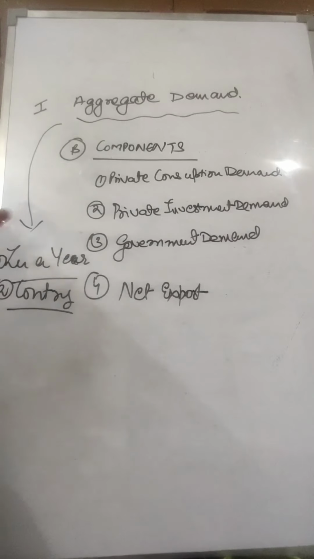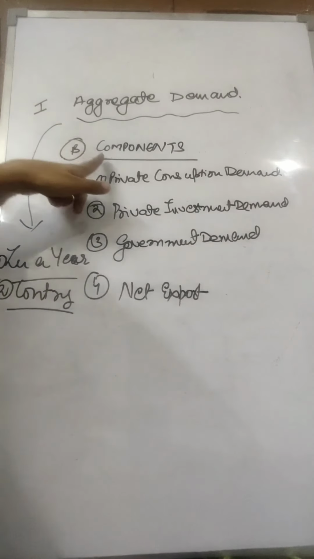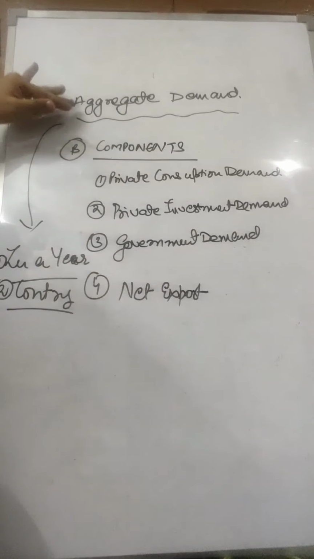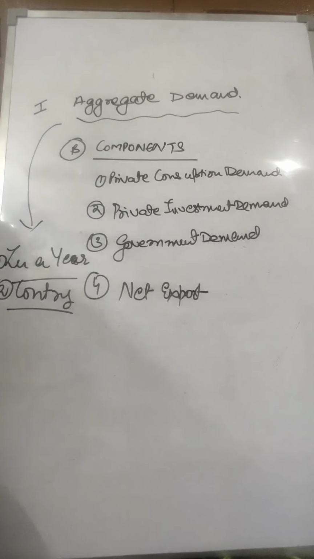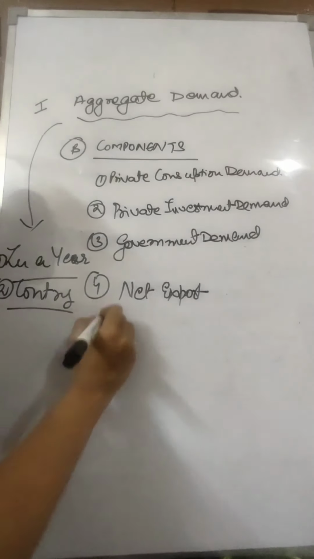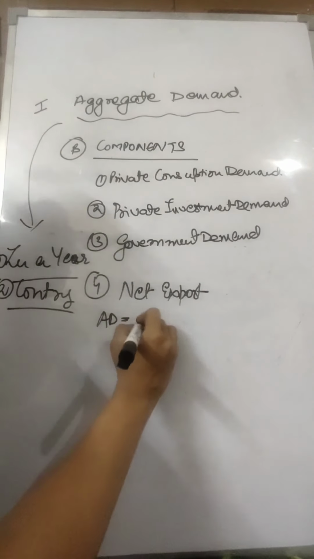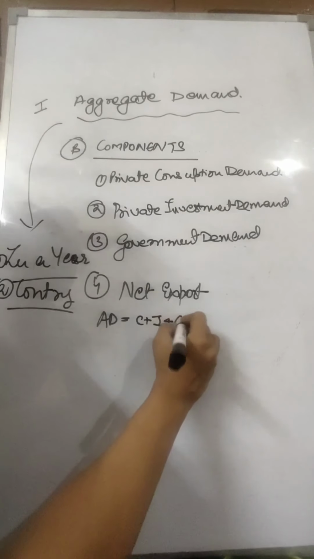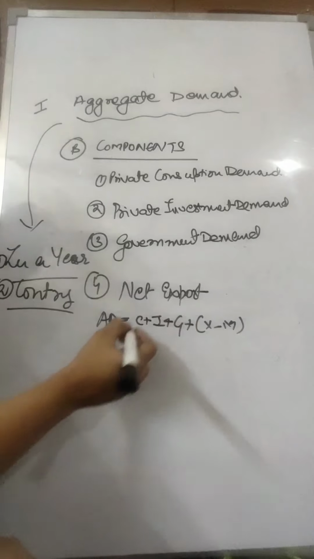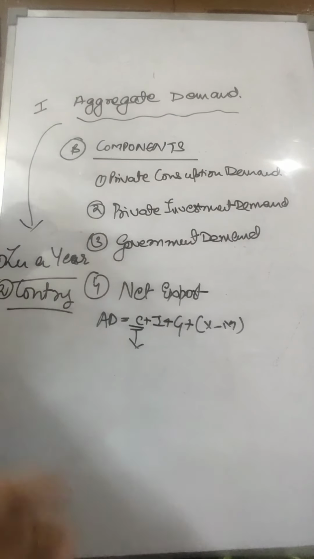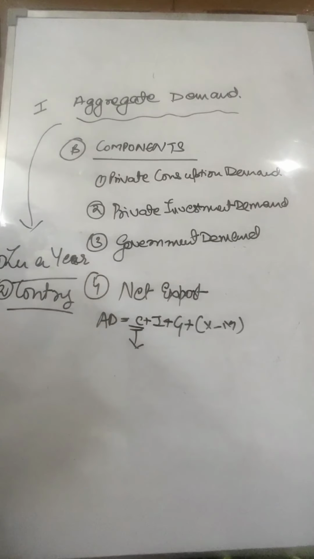Then coming to the second topic, components of aggregate demand. What are the components of aggregate demand? Aggregate demand has a formula: C plus I plus G plus X minus M. What does this C indicate? This C is the consumption demand of people in the economy.